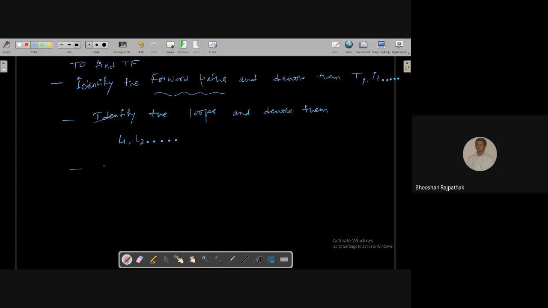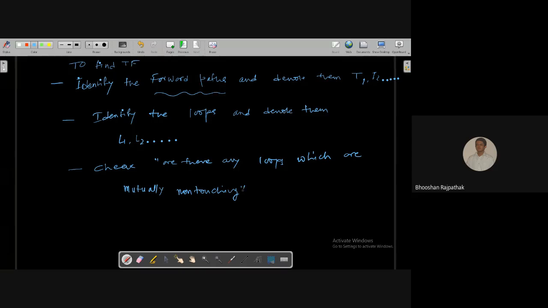Then check, are there any loops which are mutually non-touching?